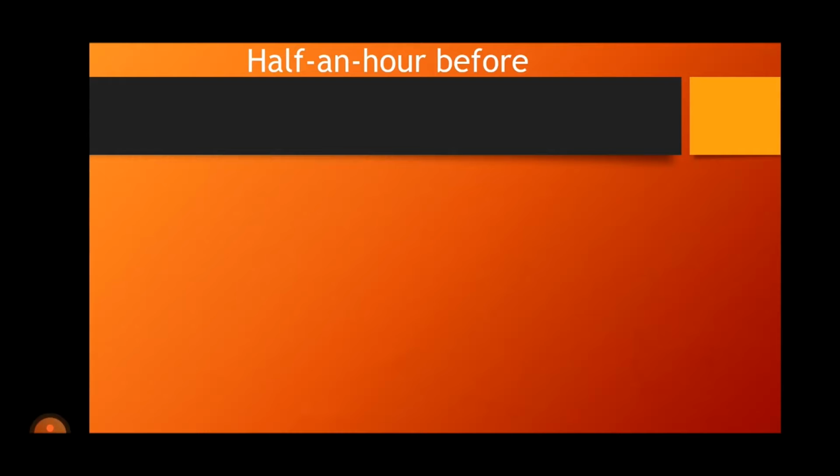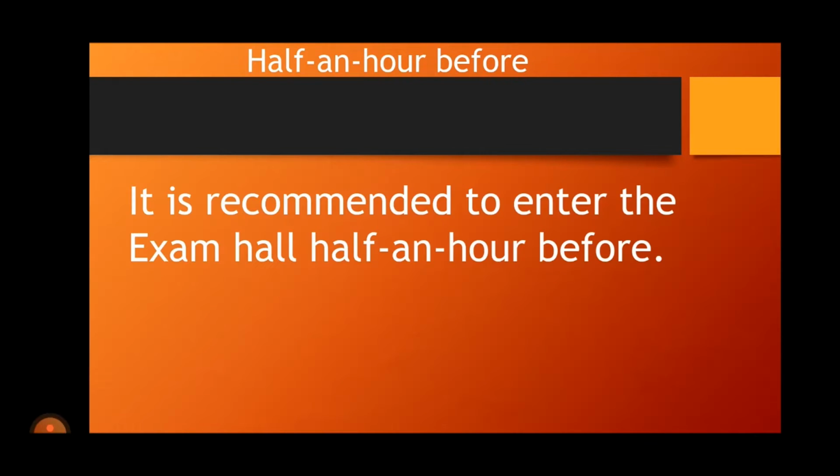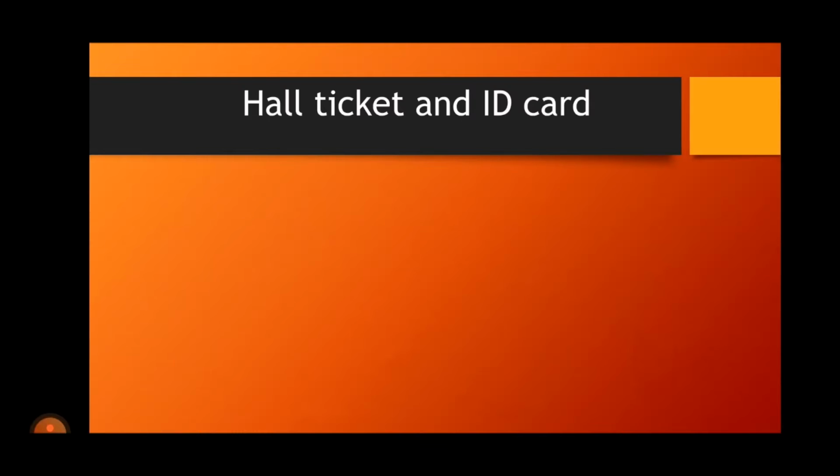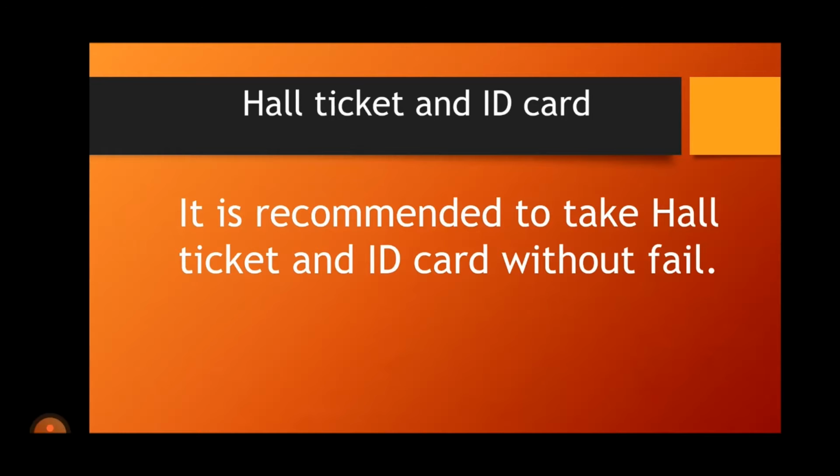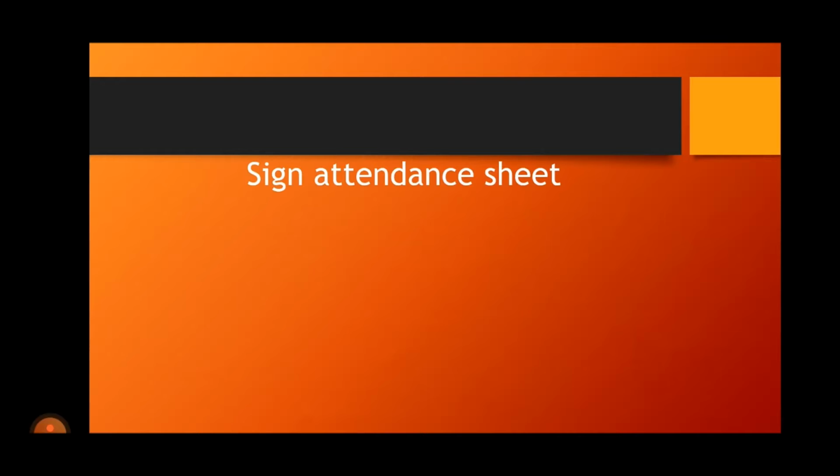When you write half an hour before, how will you write? You can write like this: it is recommended to enter the exam hall half an hour before. For hall ticket and ID card, you can write it is recommended to take hall ticket and ID card without fail. The next one is sign attendance sheet.